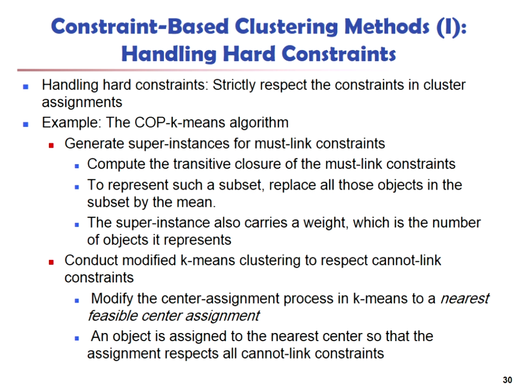In this case, we modify the center assignment process in k-means to a nearest feasible center assignment, where an object is assigned to the nearest center so that the assignment respects all cannot-link constraints. So in this slide, we see together how we can modify the basic k-means algorithm to handle hard constraints. Is it clear? Any questions about this slide?